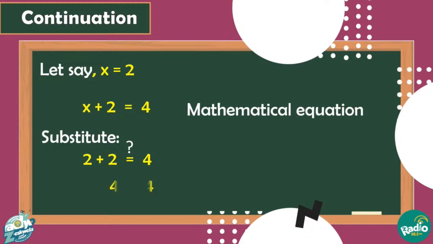And by simplifying, we got 4 is equal to 4. Is it true or false? Great! 4 is equal to 4. Therefore, we can say that the value x is equal to 2 satisfies the equation x plus 2 is equal to 4.